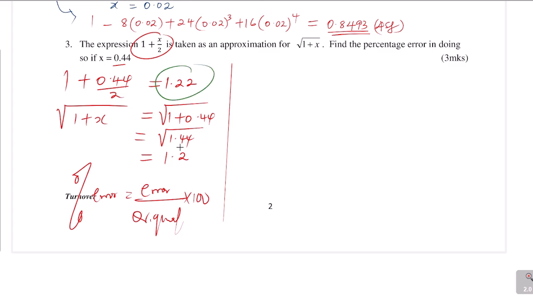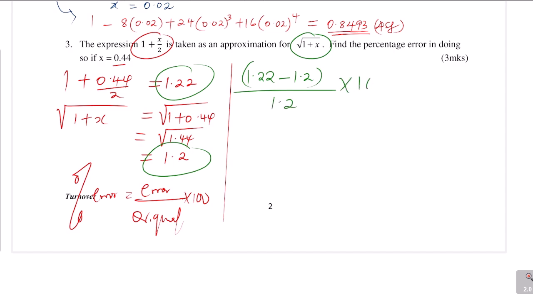You get the error by simply taking 1.22 subtract 1.2, that will be the error, then divided by the original. Which is the original? Remember this expression 1 plus x over 2 is taken as an approximation for the root of 1 plus x. So that is the original, the root of 1 plus x. So the original is 1.2.